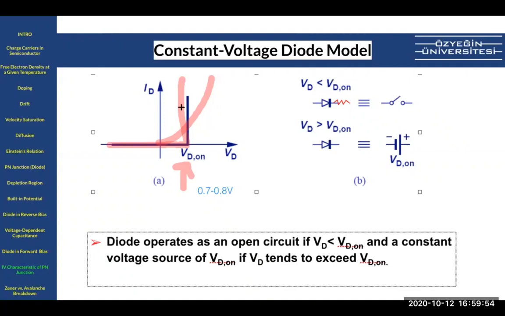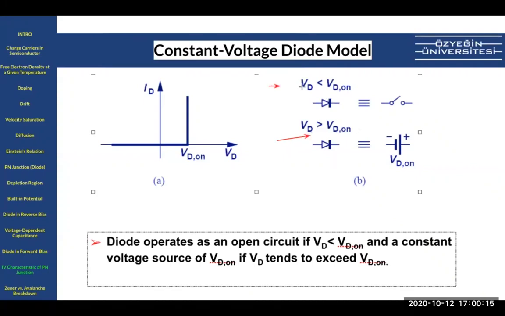Looking at these ideal characteristics, we can say that the diode operates with forward bias and flows current when VD is bigger than VD on, the diode on voltage.